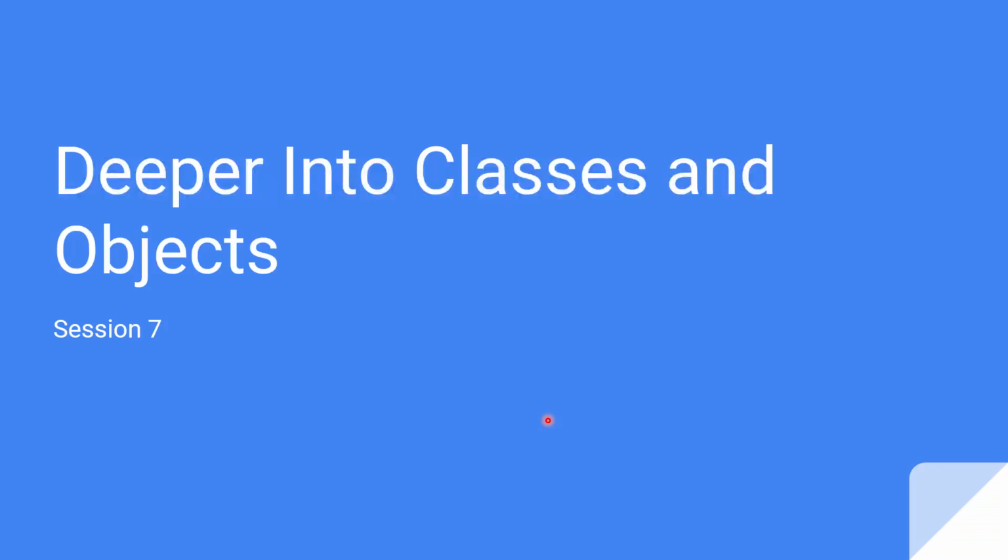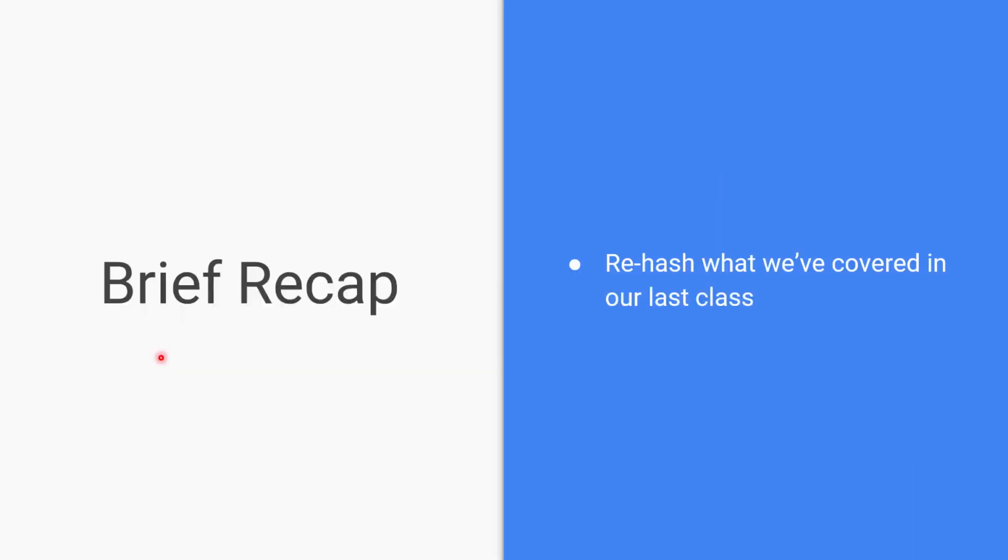In this lesson, we're going to take a deeper dive into classes and objects. This is session 7, and session 7 will have 5 different videos. Our recap is getting quite long, but we have covered application architecture, computer architecture, the Java virtual machine. We have discussed installing your IDE.